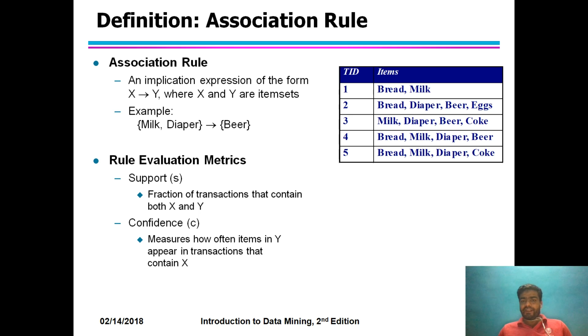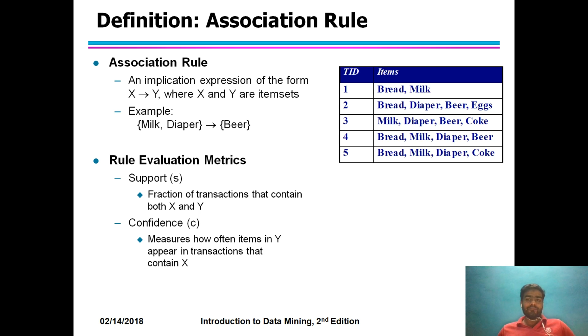Support is a fraction of transactions that contain both X and Y. For example, transaction number 3, where milk, diaper is present and beer is also present, that represents a support. And confidence: if you take beer, beer is present in transaction number 3 and 2.